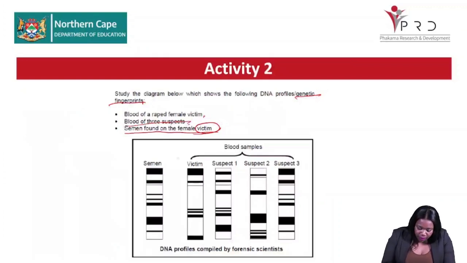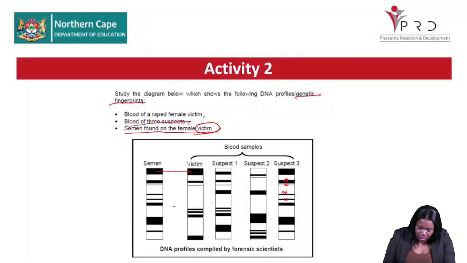So if we have a look at the first one, it matches with the victim. It doesn't necessarily match with 3 because there's that gap over there. And then the second one matches with suspect 3. The third one again with suspect 3. The fourth one, suspect 3 again.